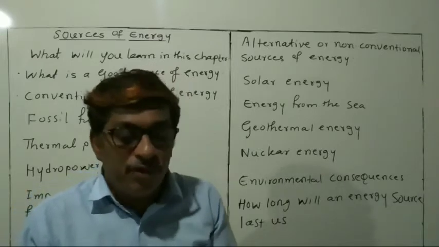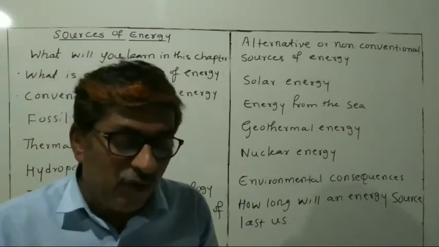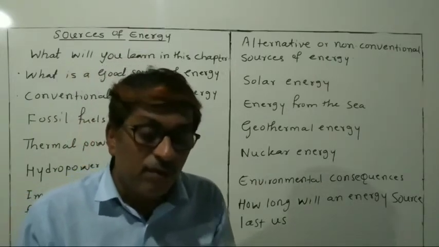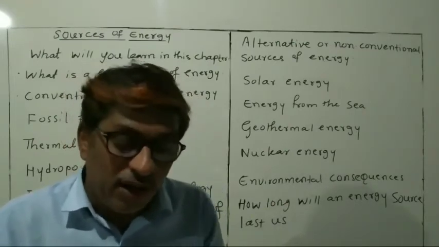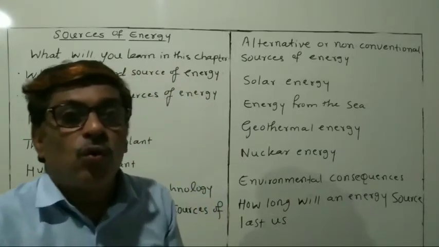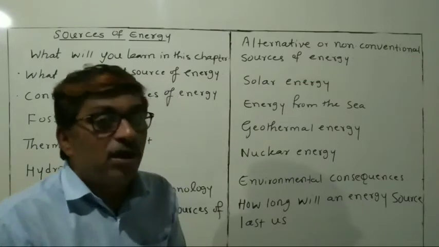Wave energy would be viable only where waves are very strong. Also, the temperature difference between the water at the surface and water at the depths is exploited to obtain the ocean thermal energy.